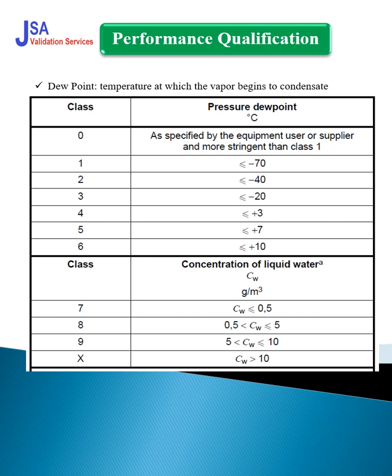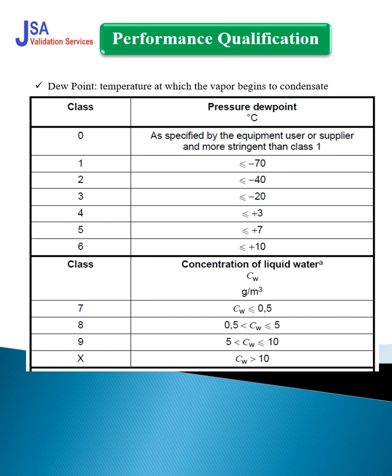So the dew point that we have to measure depends on the class of the compressed air. First we have to assess in which classification our compressed air system falls. Then accordingly we have to plan the test of the pressure dew point.